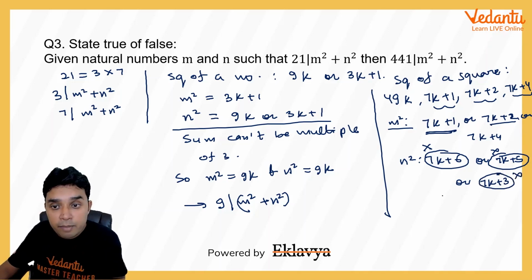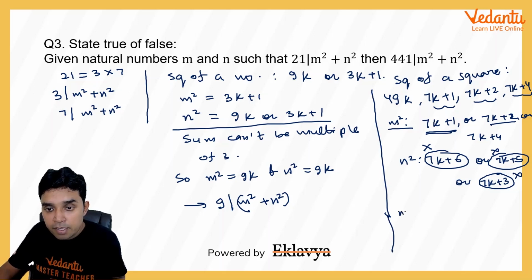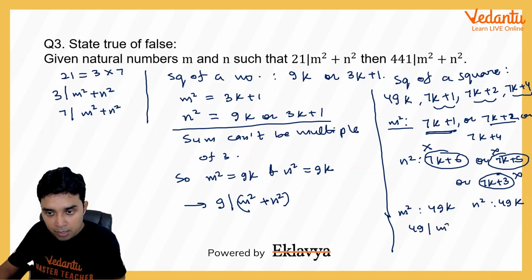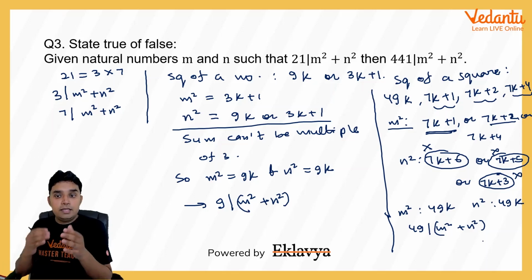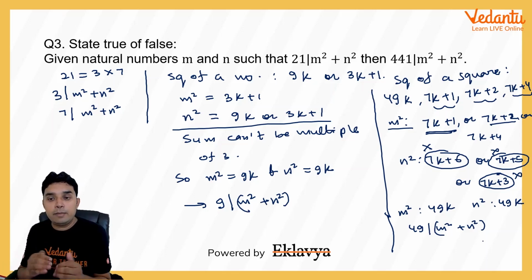So what is the remaining possibility then? The remaining possibility is that m square has to be 49k, and then n square will also be 49k. That means 49 will divide m square plus n square. Actually, in this case also, m and n both will be multiples of 7.